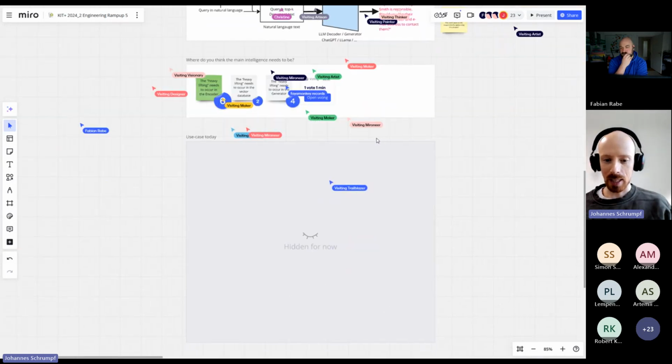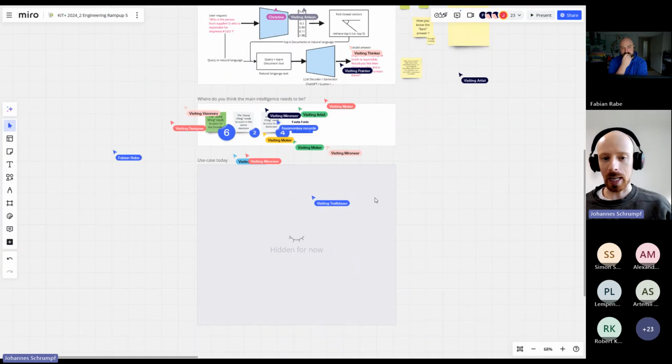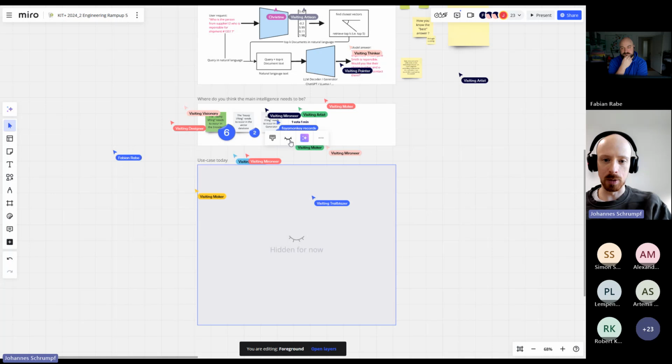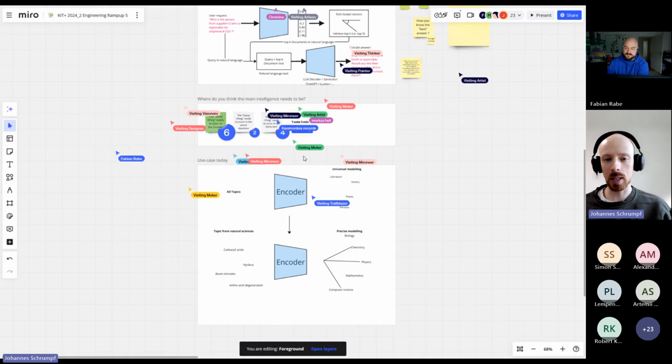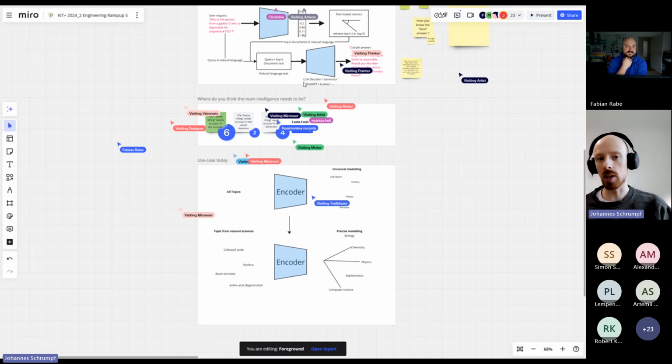Okay, this leads me to our last slide in the introduction section, which is the motivation of today. First off, we will not build a RAG system, and we will not build a generator.